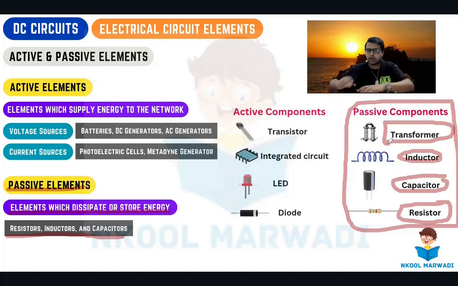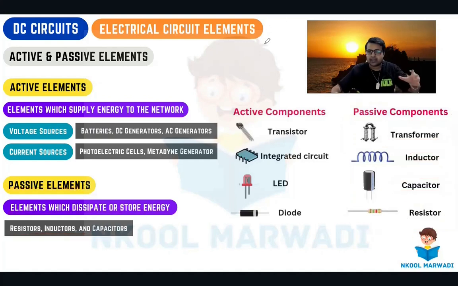Now the difference is very clear to us: if an element or component is either generating electric energy or just supplying it, then it is active. No energy loss and no storing of energy will take place in an active component. On the other hand, passive components will be either storing energy or dissipating energy.